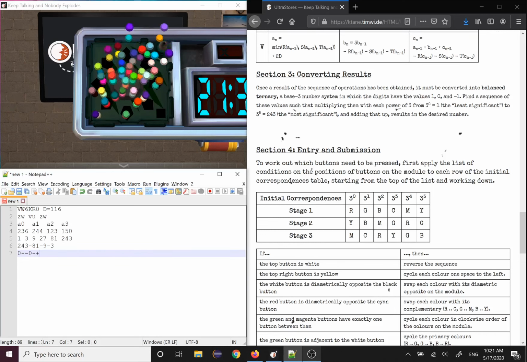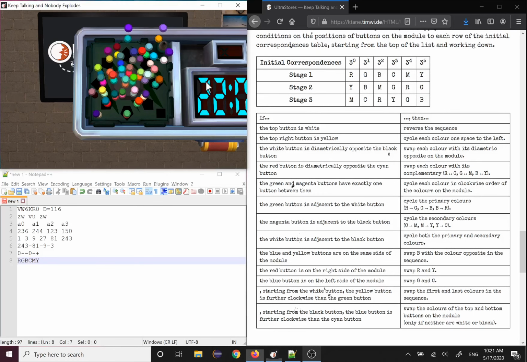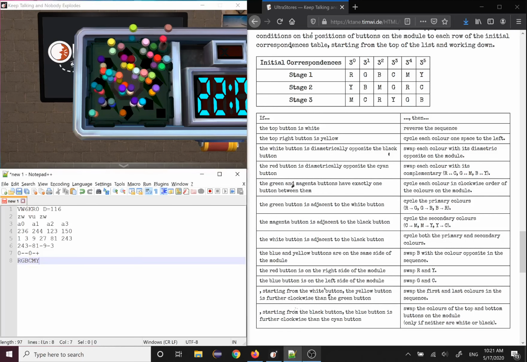Stage 1's initial color sequence, you might also recognize it from Simon Stores, is RGB-CMY. But now the rules for changing the colors are a lot different. And again, in order to change this sequence to be what the module wants, you have to enter the submission area, kind of.